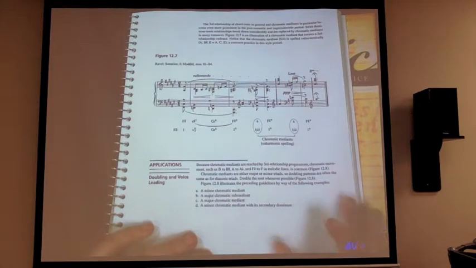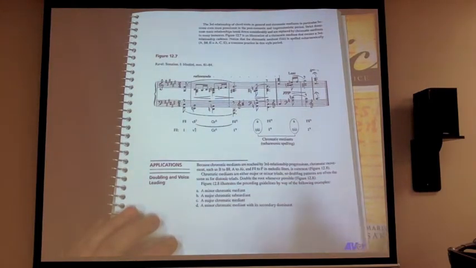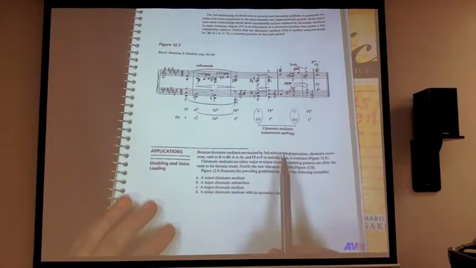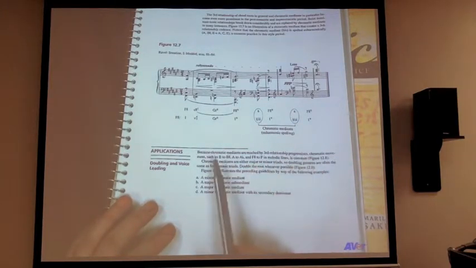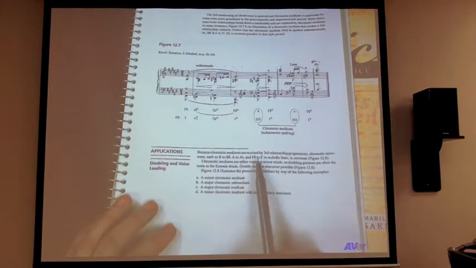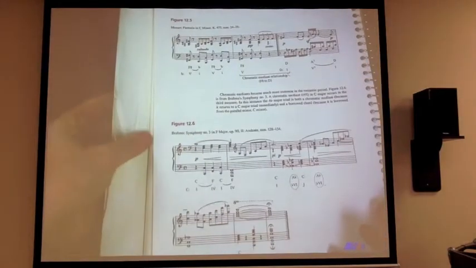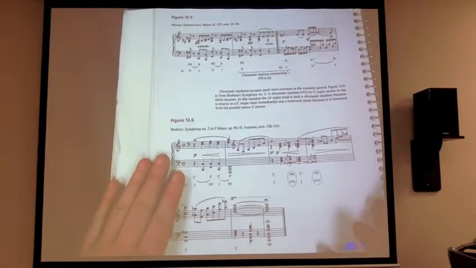All right, so some applications. Because chromatic mediants are reached by 3rd relationship progressions, chromatic movement such as B to B sharp, A to A flat, F sharp to F in melodic lines is common, right? And you do see this a lot. In fact, if we look back at some of these examples, you'll see it right here.